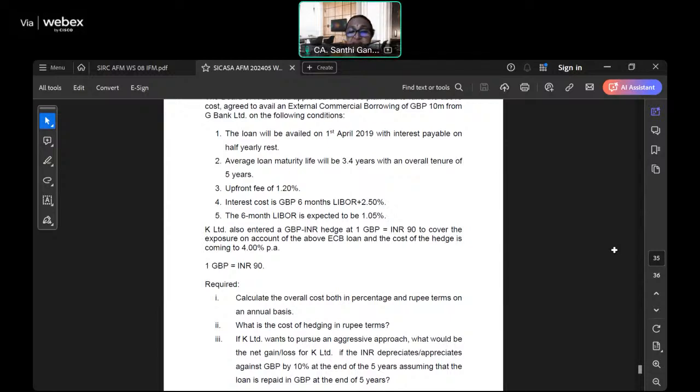Overall cost. If you look at the problem, the requirement of the problem is to calculate the overall cost both in percentage and rupee terms on an annual basis. So one of the two ways you can find.